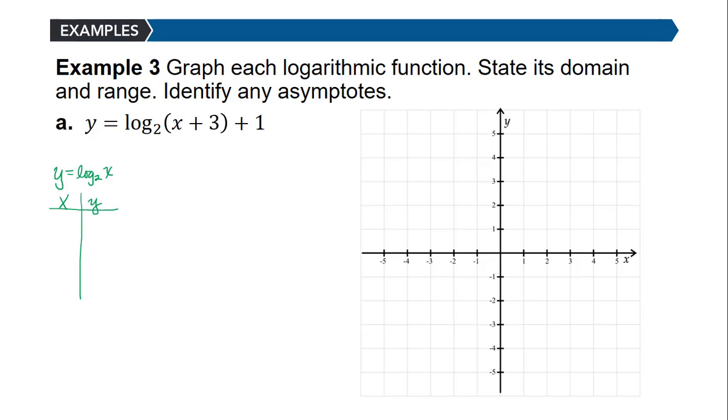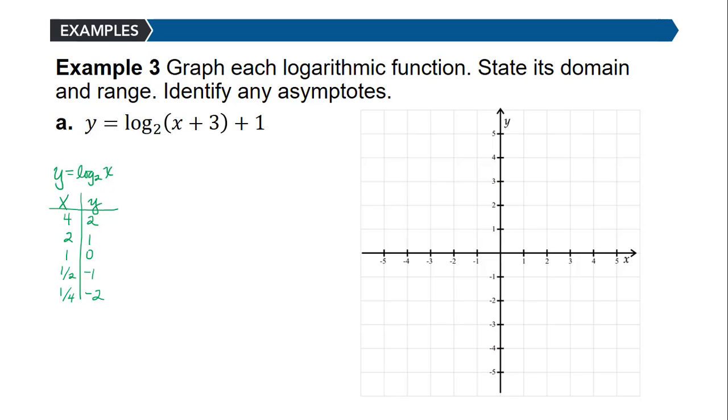But for instance, we talked about the log base 2 of 4 was 2. The log base 2 of 2 is 1. The log to the base 2 of 1 is 0. The log to the base 2 of 1/2 was -1. And the log to the base 2 of 1/4 was -2.